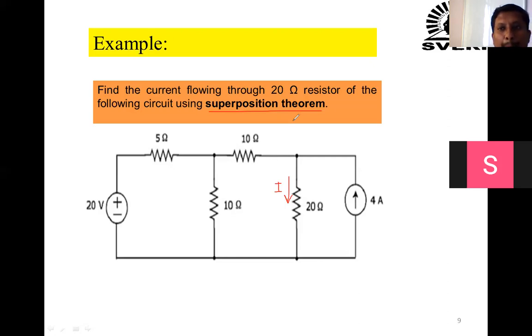Yes. Method 1 or method 2? First of all, you have to count how many independent sources are there. Please reply. How many independent sources are there? 2. Yes, 2. And is the circuit linear or non-linear?